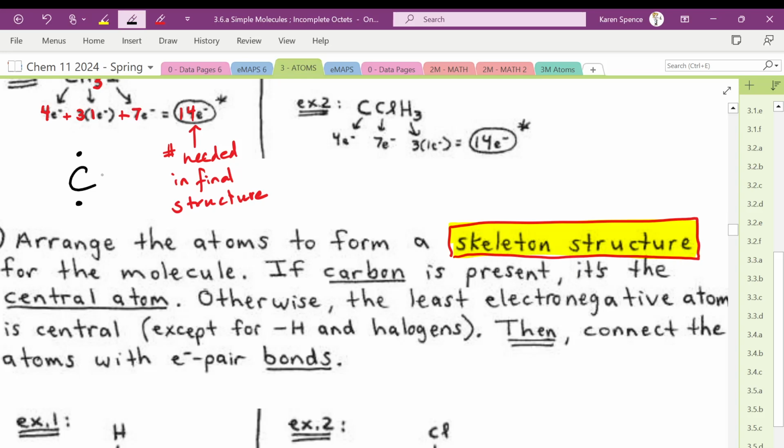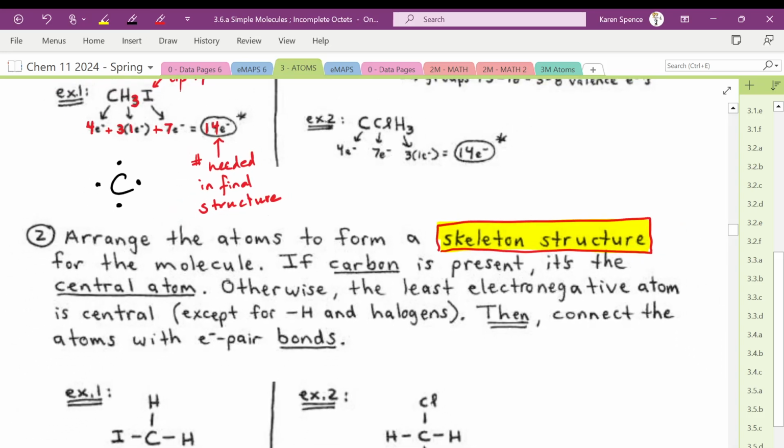How many bonds does carbon form? 4 bonds. So if you have carbon present, guess where it's going to be? It's going to be in the middle because it's going to bond to 1, 2, 3, 4 things. Okay, so if carbon is present, it will be the central atom.